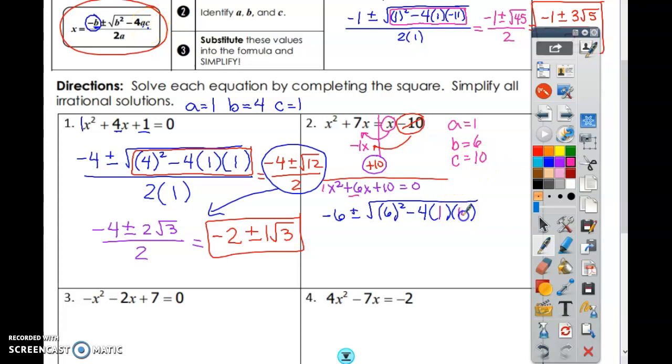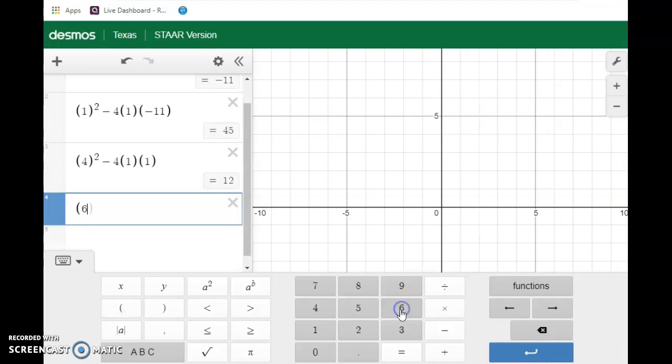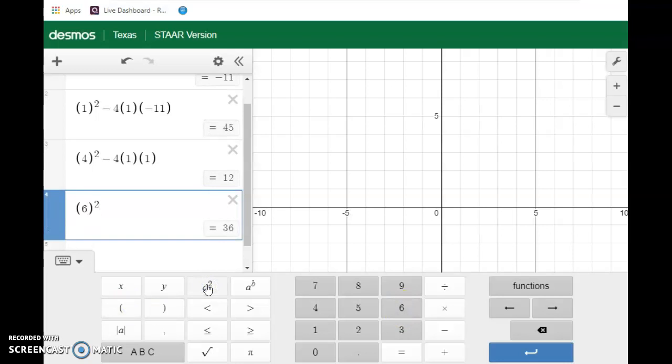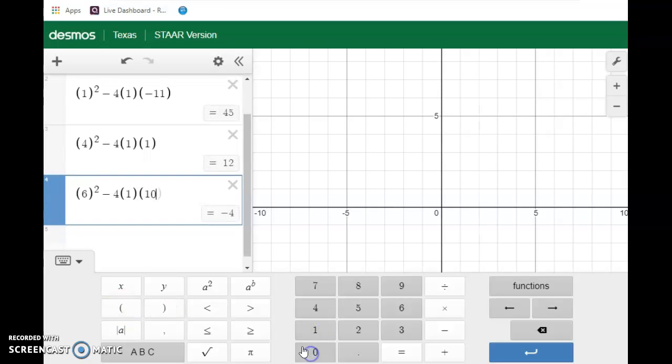So I'm going to put 10 right here. All over 2 times A, which is 1. What's the next thing you do? Desmos. We're going to type all of this inside in Desmos and see what it gives me. That's going to be 6 squared minus 4 times 1 times 10. So right here, 6 squared minus 4 times 1 times 10.